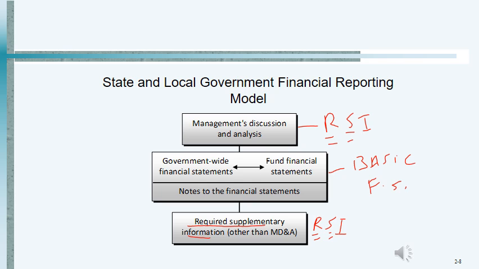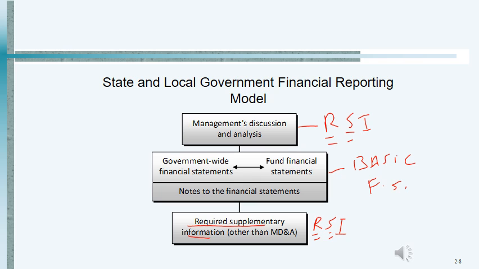And if the only other thing up here is the basic financial statements, then the information that we're reporting in the MD&A and the required supplemental information other than the MD&A, all of that is financial in nature. And we're going to take a look at examples of some of the stuff that falls into these categories a little bit later.